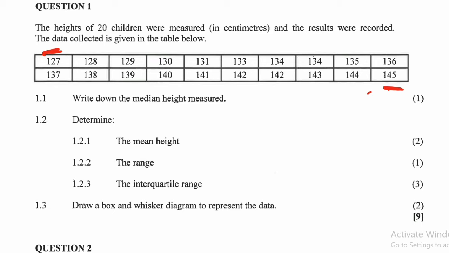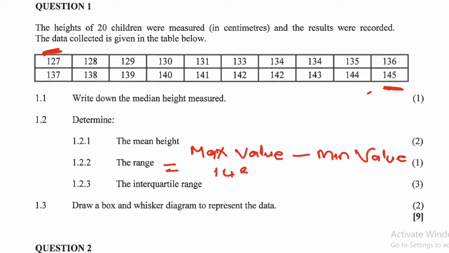So you would say range is equal to maximum value minus minimum value. Our maximum value is 145. You subtract 127. Your answer is 18 centimeters. So this is the range.